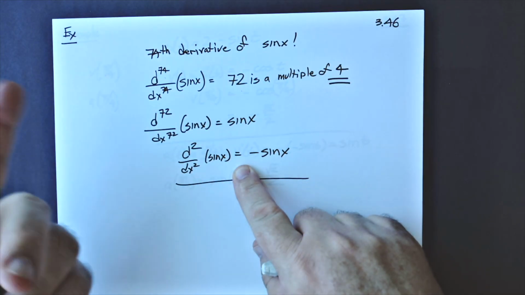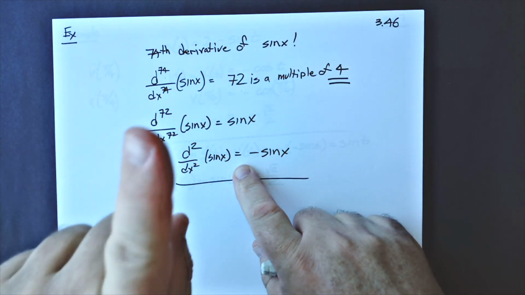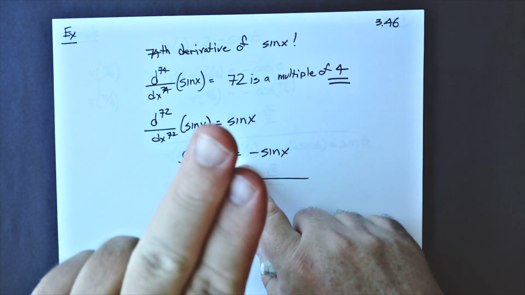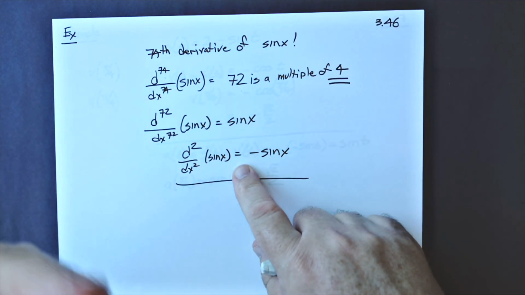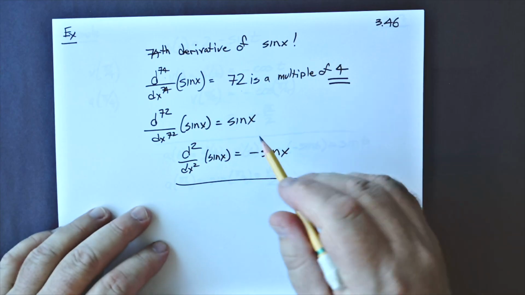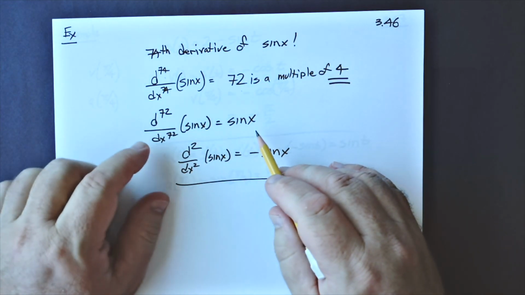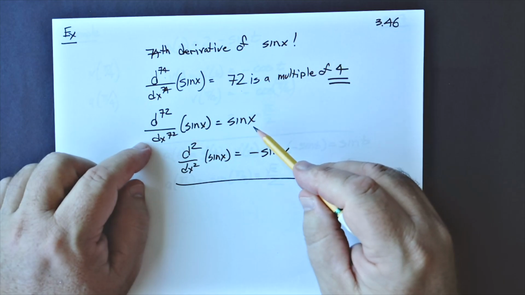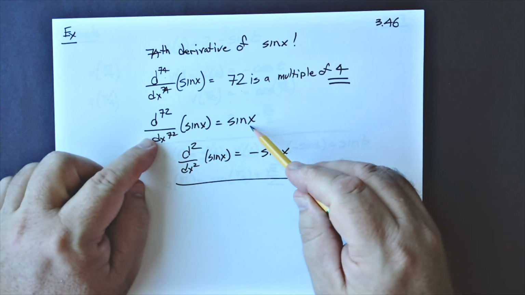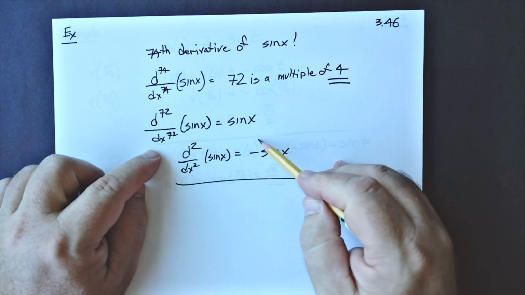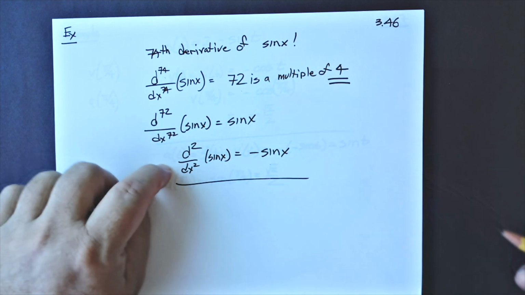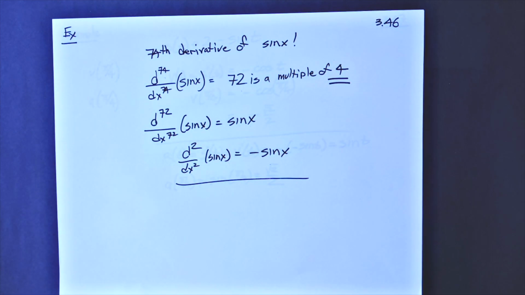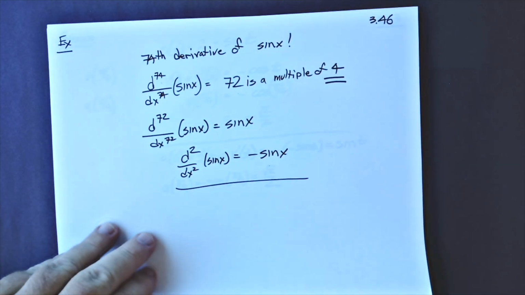Because 72 is starting over, 73 would be the first derivative, 74 would be the second derivative because it loops. Every 4, it loops. And so then we say, oh, that's easy. The 72nd one is sine, 73rd one would be cosine, and the 74th one would be negative sine again. So pretty easy to do there. If you know, if you don't know, you're in trouble.